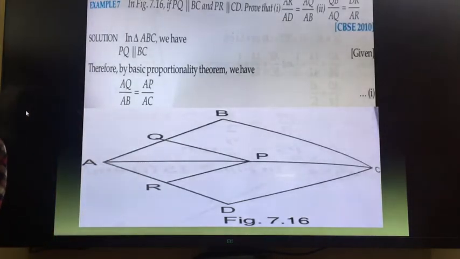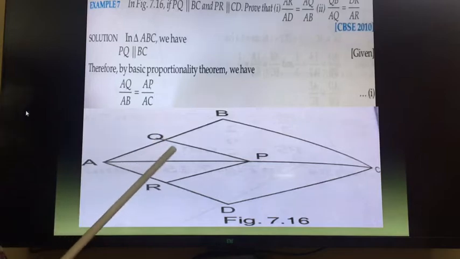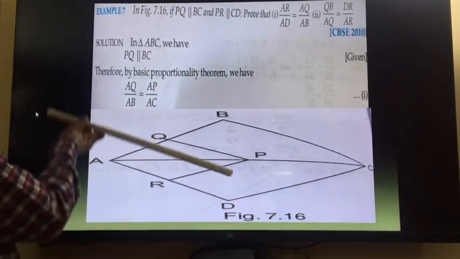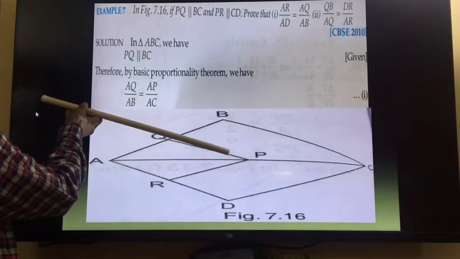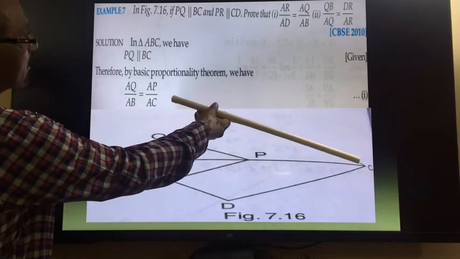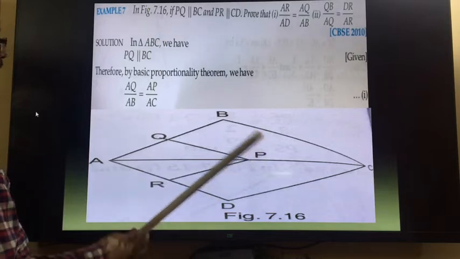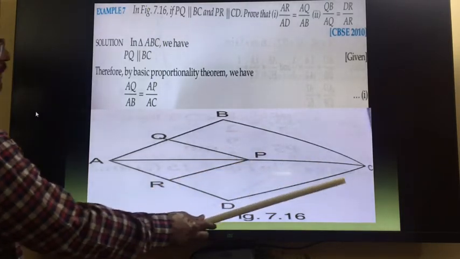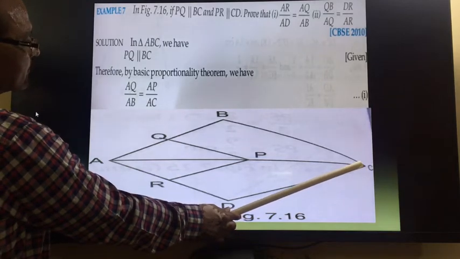Now you see this question. In this question, PQ is parallel to BC. So this line PQ is parallel to BC line, it is given, and PR line is parallel to CD, it is given.